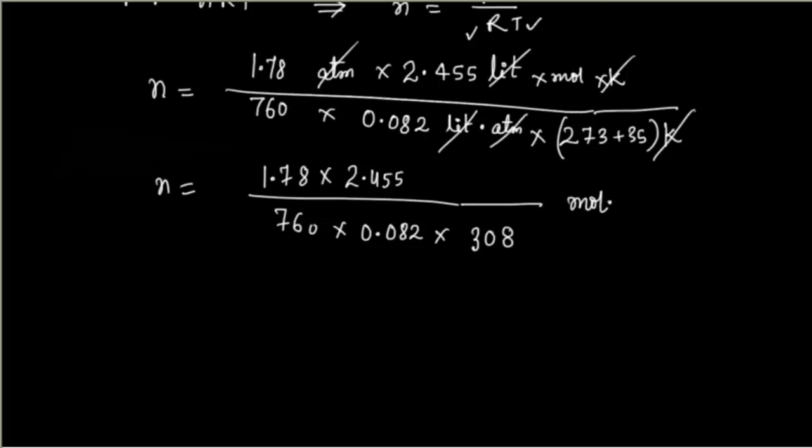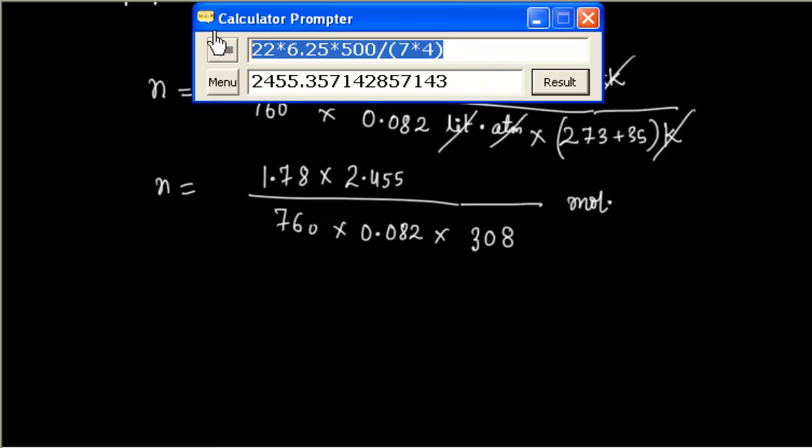Now calculate this value, so we will have 1.78 into 2.455, and this divided by 760 into 0.082 multiplied by 308.